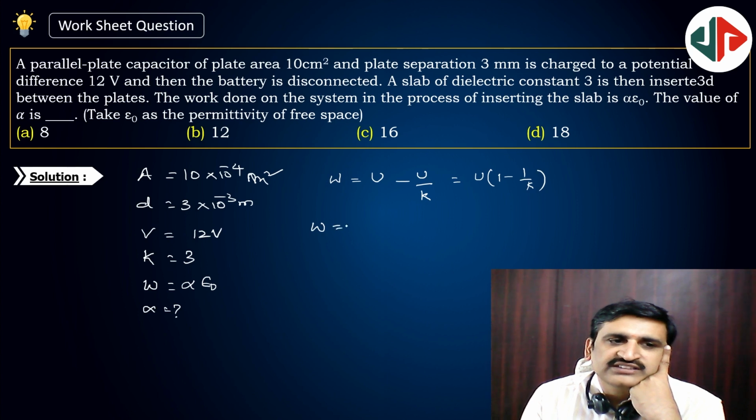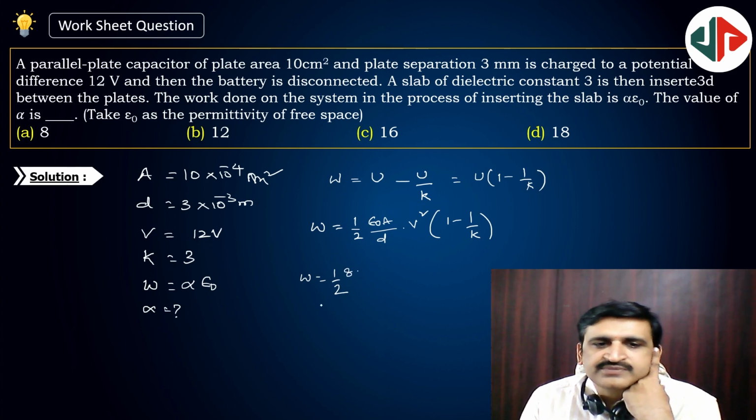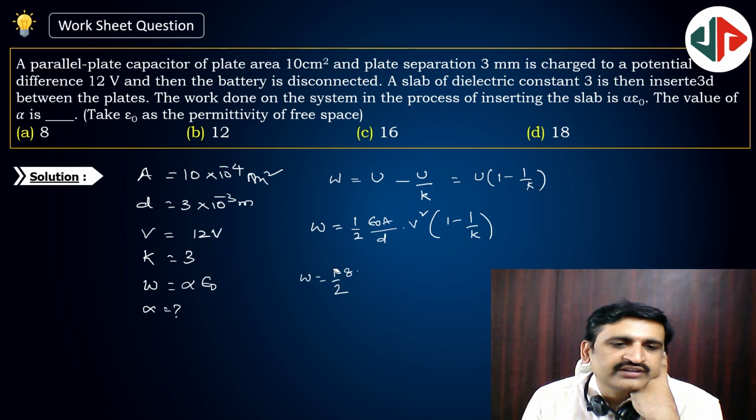So the work done is equal to U, which is half CV square, with C as epsilon naught A by D, into V square, into 1 minus 1 by K. The answer is in epsilon naught only, so why should I substitute 8.85 and all those? Just epsilon naught.